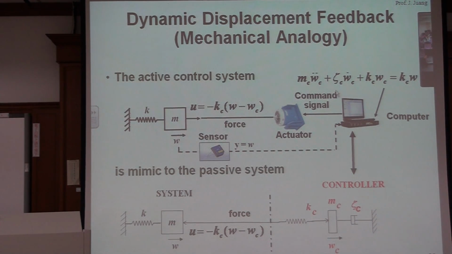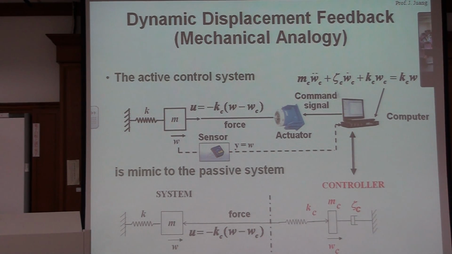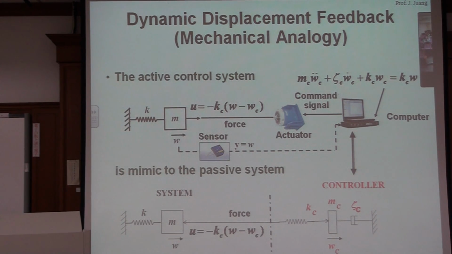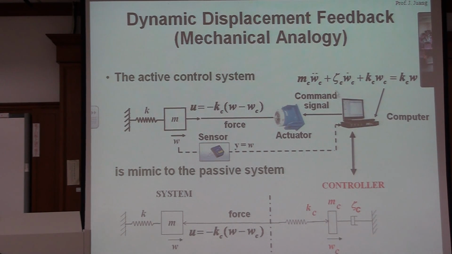Any questions? This is what I call mechanical analogy. So for any control system, you can do it passively or you can do it actively. No problem. All right. But this one here, again, we use only the measurement of displacement.